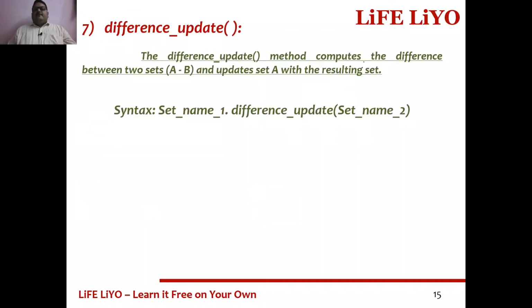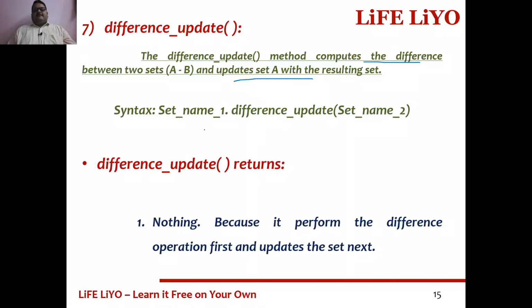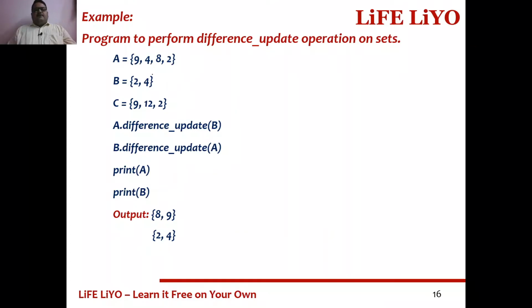So difference update computes the difference and updates the respective set with the resulting set. So 9 4 8 2, 2, 4. So a minus b means 4 2. 2 4 will be removed. Now what is the result? We are going to get 8 9 or 9 8. Next one is b difference a. So b dot difference update of a. So 2 4, 2 4.